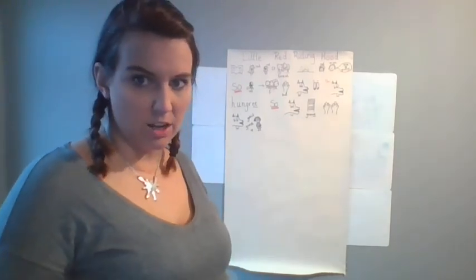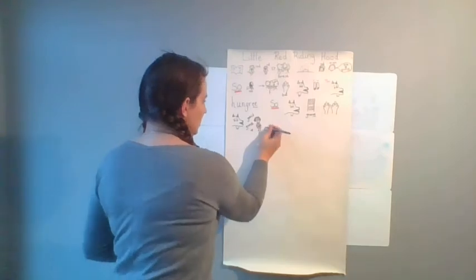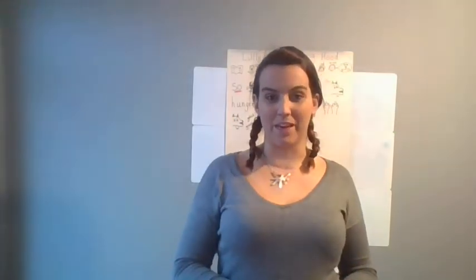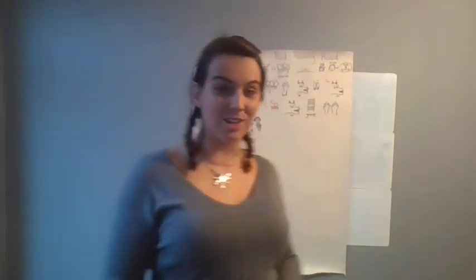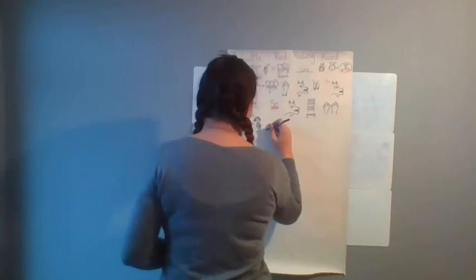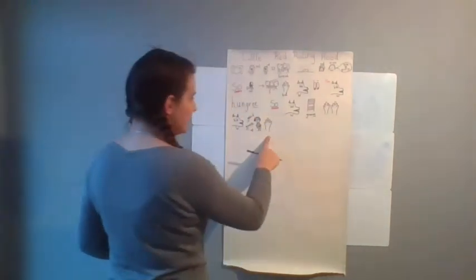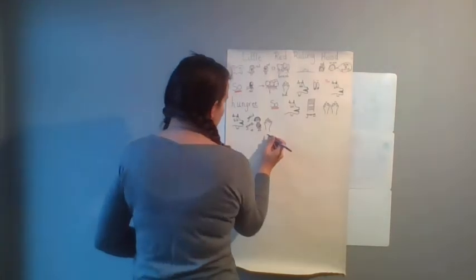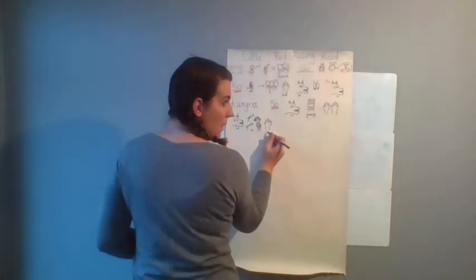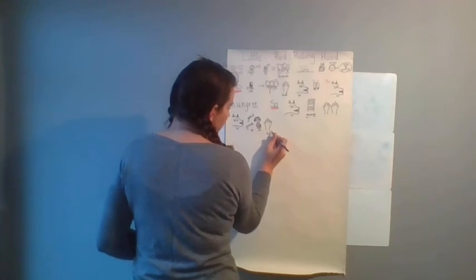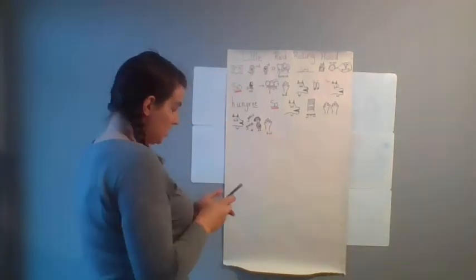That's not good, is it? Oh dear. Who can remember what that means? But. Well done. It does. It means but. So I'm going to draw the one hand to remind us to say but we're going to write the word as well. So how do I spell but? B. T. But.